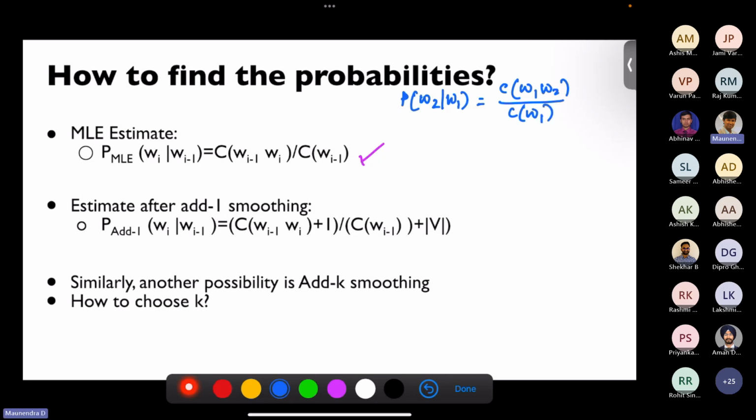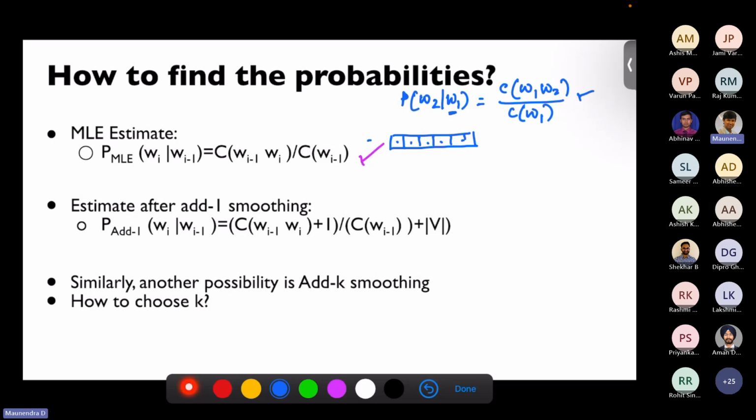Now w1 is fixed because it is given. So w1 is given, and we are seeing for different possibilities of w2 what the probabilities are. So for a fixed w1 and different w2s, whatever value we get by this fraction should be a probability value. That means each of them should be between 0 and 1, and they should sum up to 1.